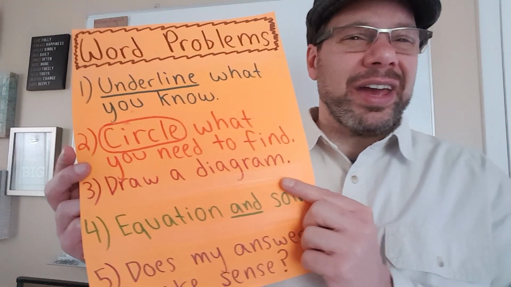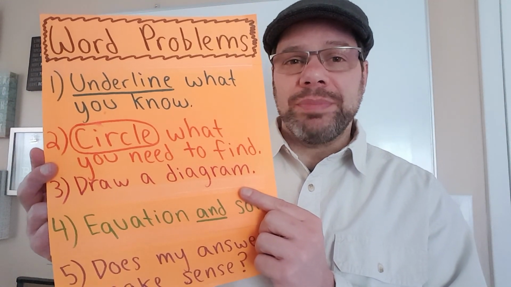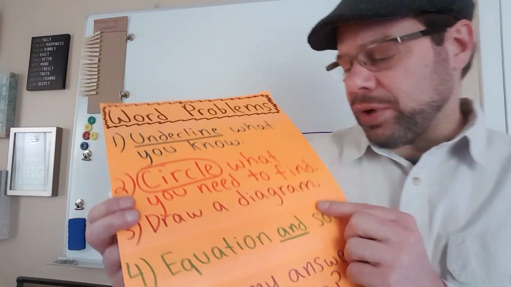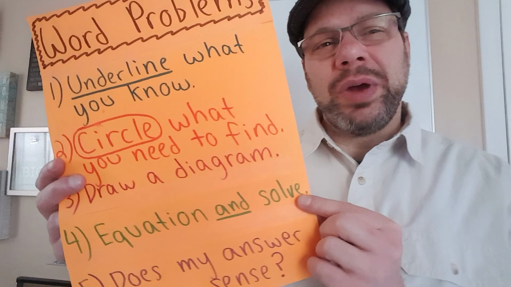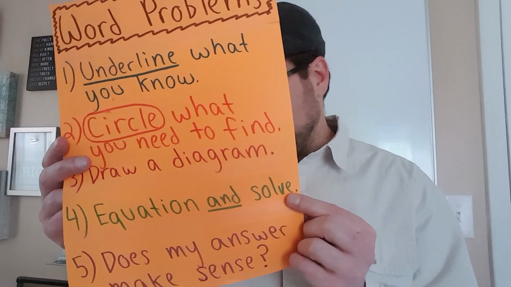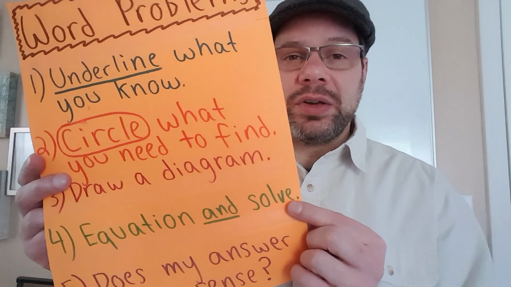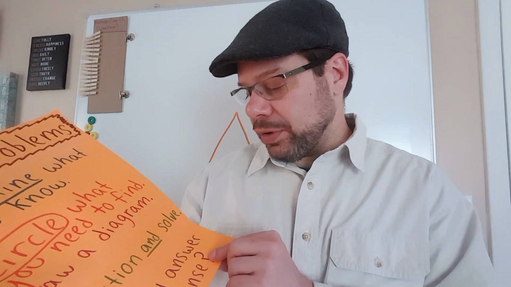We're going to draw a diagram if we can. Sometimes with word problems it works out well to draw a diagram, but it doesn't always work out that way. We're going to write an equation and solve. With these types of word problems, we may not need an equation because it's not a mathematical equation. It's more questions about triangles and trapezoids.